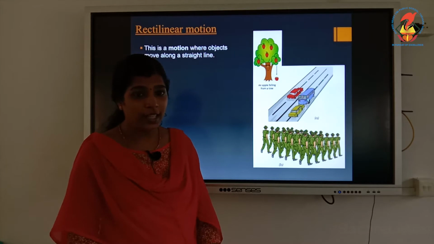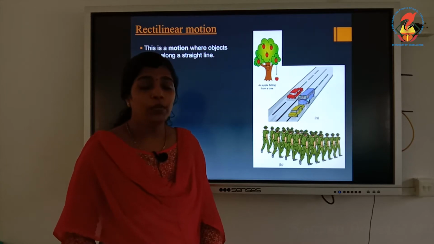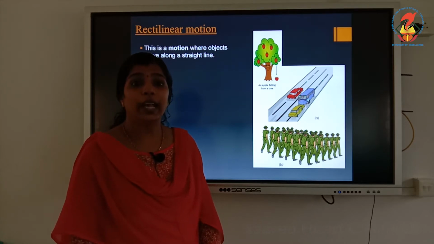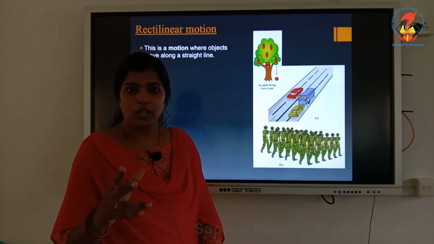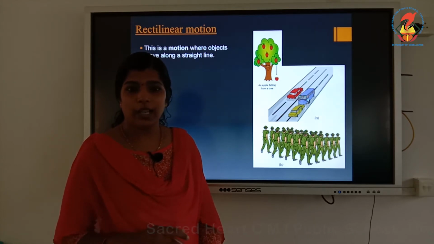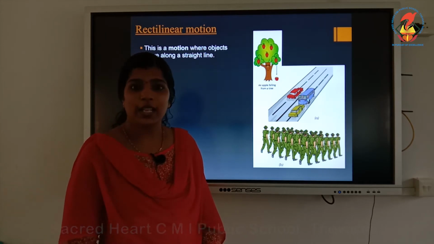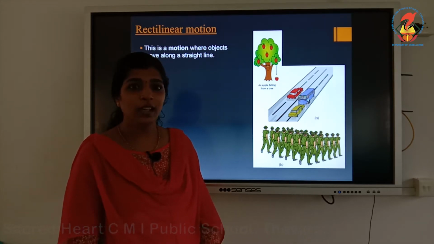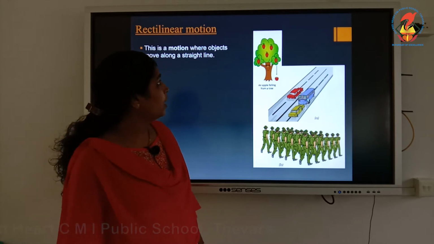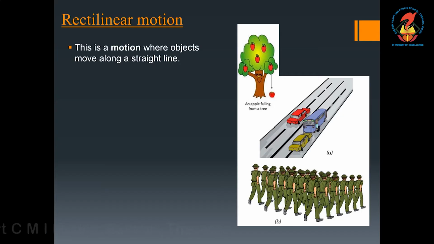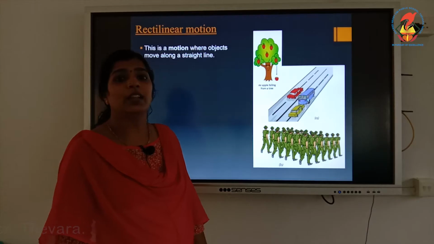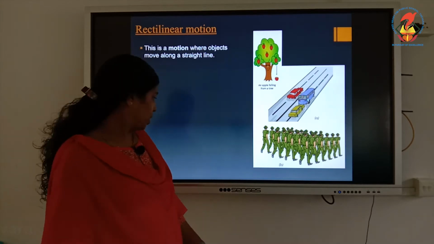The motion of the striker on a carom board: when you strike it, it will move in a straight line. So rectilinear motion is the motion where objects move in a straight line.